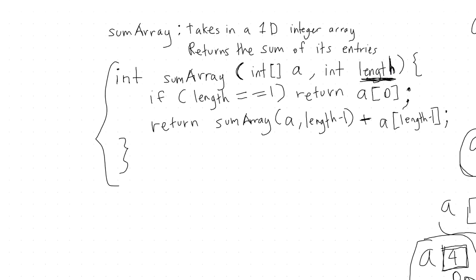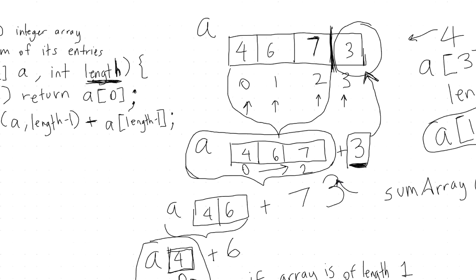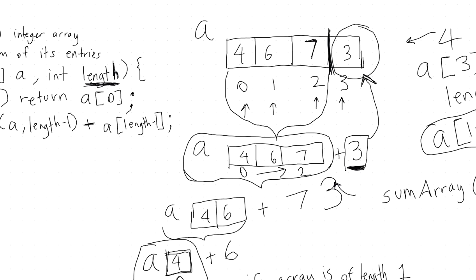Yeah, sorry, one question. Can you explain it one more time why you add A length minus 1 to sumArray? Because if we're looking at the diagram I drew here, we want to get the sum of this original array. So we're going to try to cut it up into smaller problems first, before we can get the larger one.